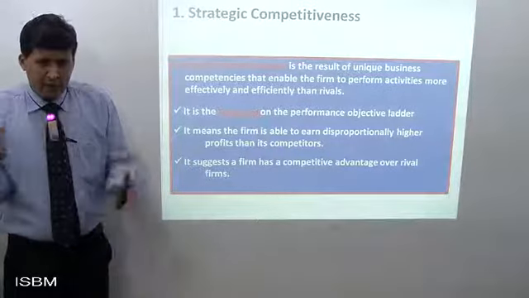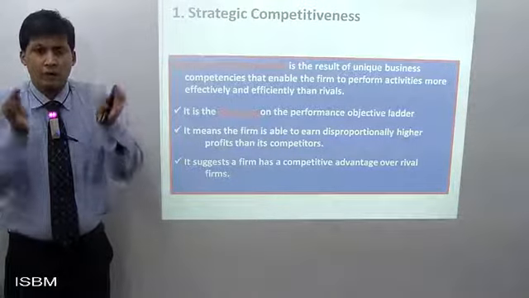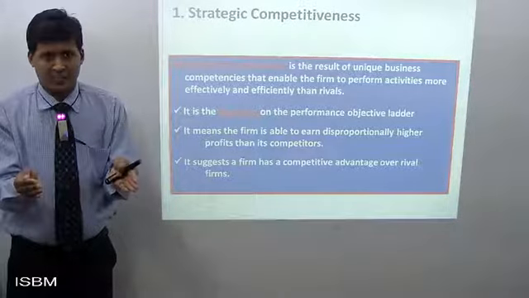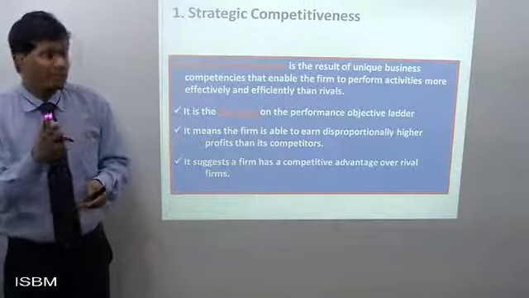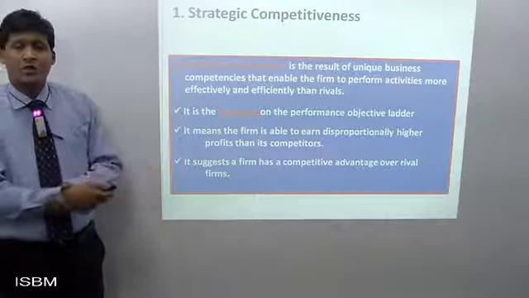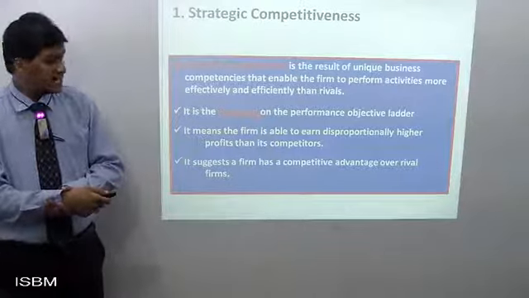Now when we reduce the time required to produce the same measure, that's about being efficient. So effectiveness and efficiency both factor in as far as strategic competitiveness is concerned.